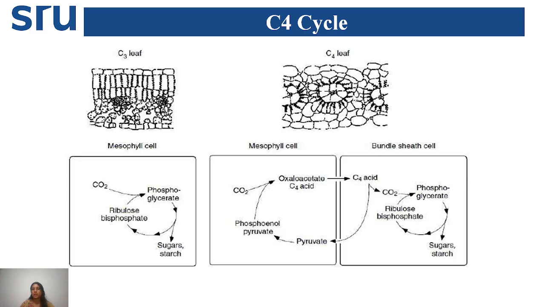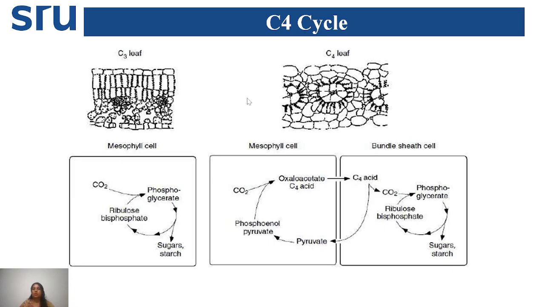In the bundle sheath cells, inside this leaf anatomy, we have Rubisco. This Rubisco accepts the carbon dioxide, and later converts it into sugars in the bundle sheath. There is no contact of Rubisco directly with the atmosphere. That's why there is no photorespiration.